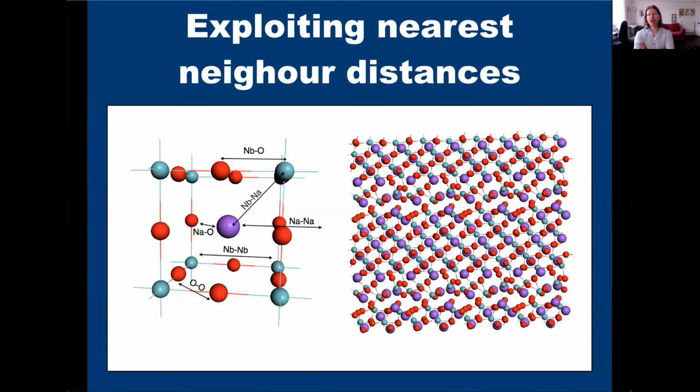So I want to emphasize now a couple of things that are very important if you're going to use crystal structure prediction to explore energy materials. So as Peter pointed out, these materials are often multifunctional transition metal oxides of some kind. So these are necessarily ternary or quaternary compounds.